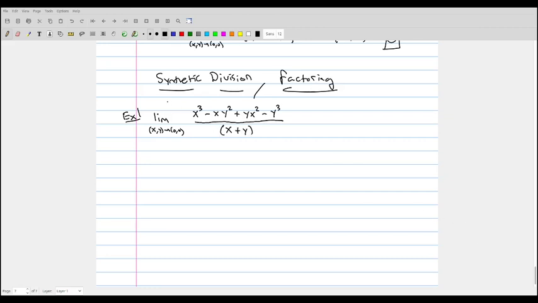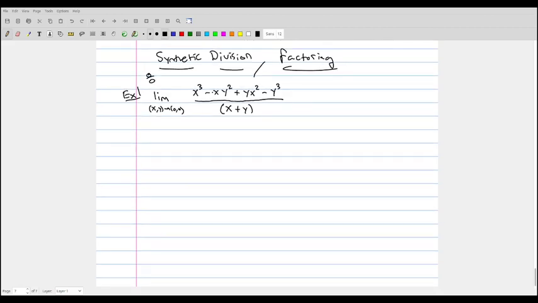Again, if you just directly try to plug in, you get 0 over 0, which is an indeterminate form. So you might think this limit doesn't exist, but it turns out that we can use a method from algebra called synthetic division, or division of polynomials, to simplify this. This is like long division of polynomials.